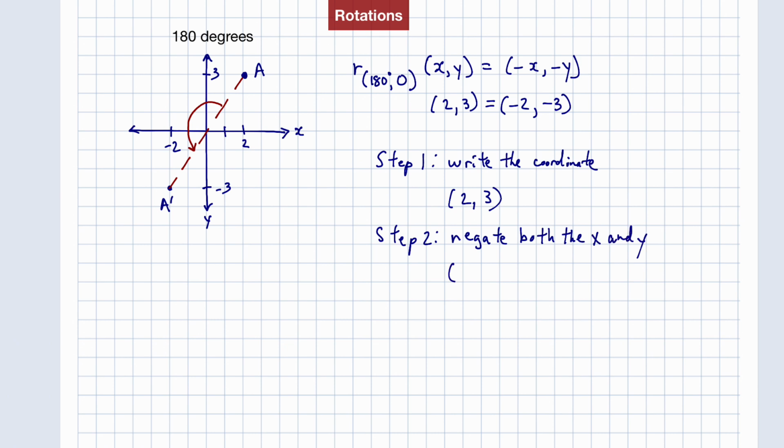So we just negate the 2 and negate the 3, and that becomes our answer. So for 180 degrees, you'll notice that we did not have to flip the x and y's. We just negated both the x and the y. Okay, so that's 180 degrees, and let's go ahead and move on to the last example, which is 270 degrees.